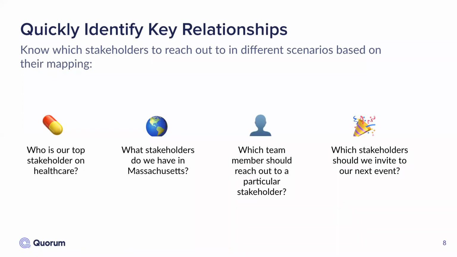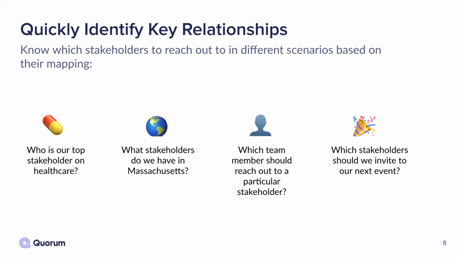So the first step here is identifying who your relationships are. And these are all questions I've gotten from clients. When we're thinking about how we should set up stakeholder mapping with a client organization, I'll ask the head of the team or the office, what questions do you want to be able to answer using your stakeholder management tool?